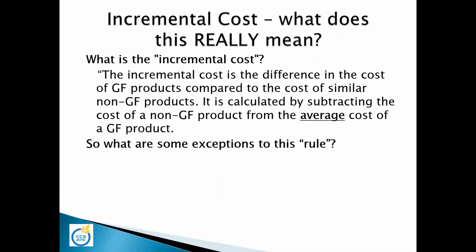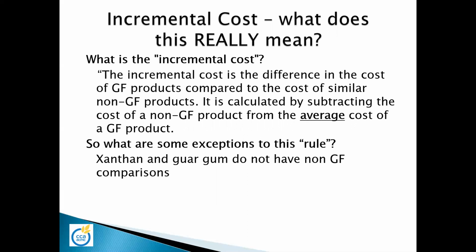What are some exceptions to this rule? There are two exceptions. The first one is xanthan and guar gum, which are used in baking. They do not have non-gluten-free comparisons. Gluten, as you know, is in wheat, whereas there is no gluten in rice flour, sorghum flour, or tapioca starch.